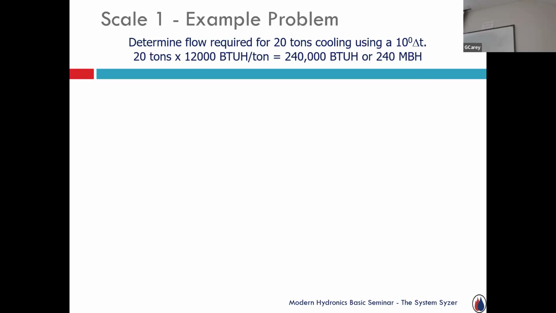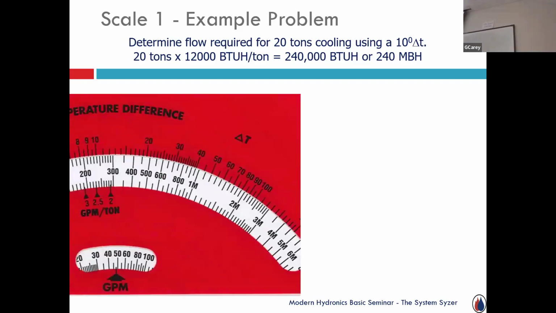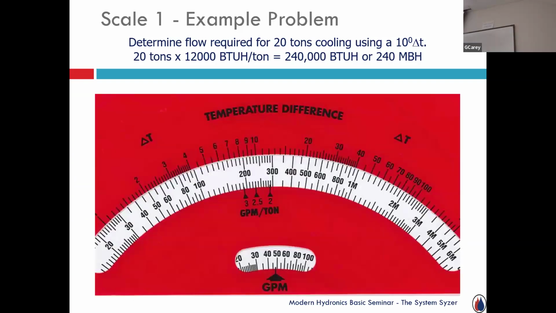If you were doing a cooling load, if you had a chilled water application perhaps, and you were trying to determine flow required for 20 tons of cooling using a 10-degree delta T, you could use scale 1. A couple different ways of getting there, but one would be, okay, 20 tons, well, 12,000 BTUs per ton, times 20 would be 240,000 BTUs or 240 MBH.